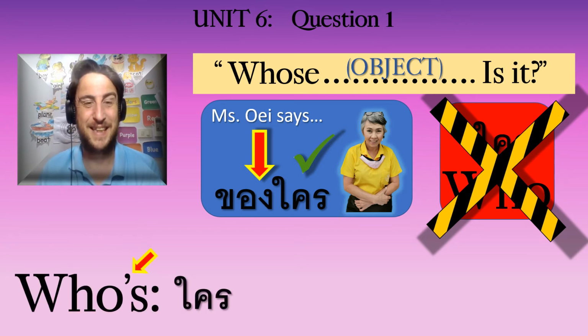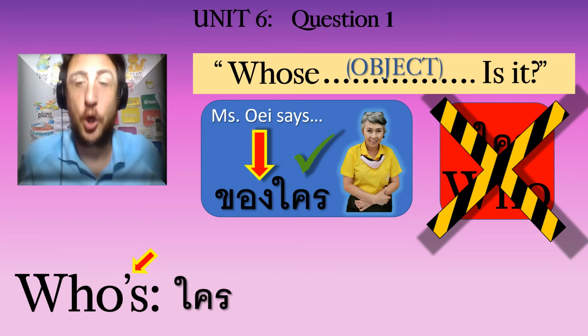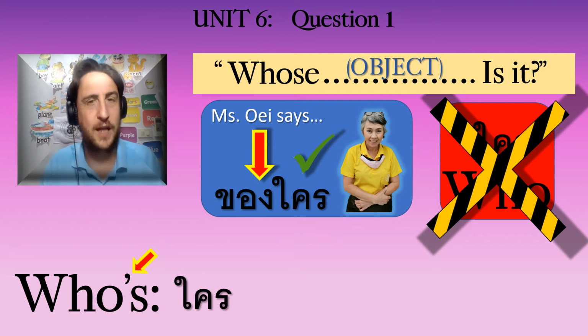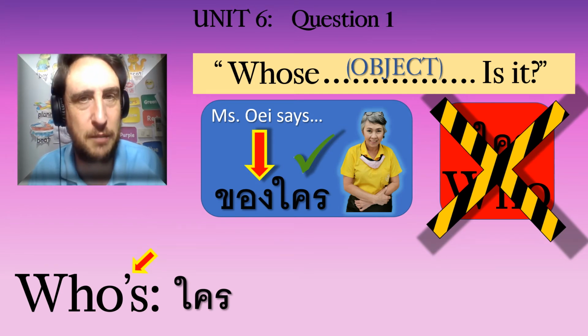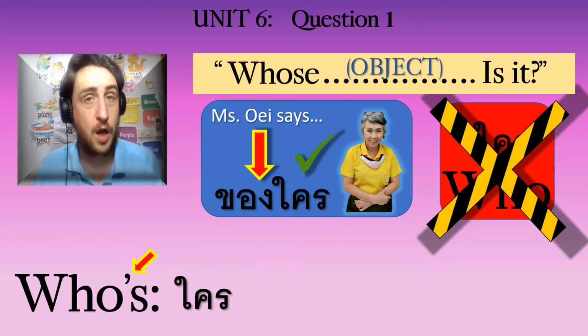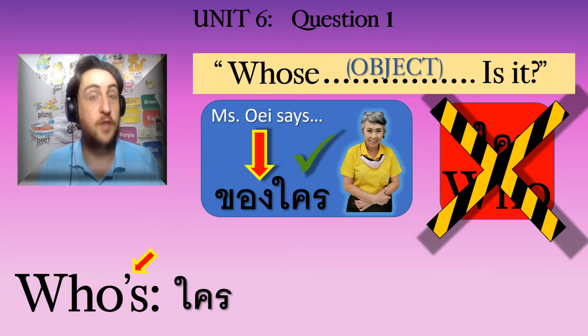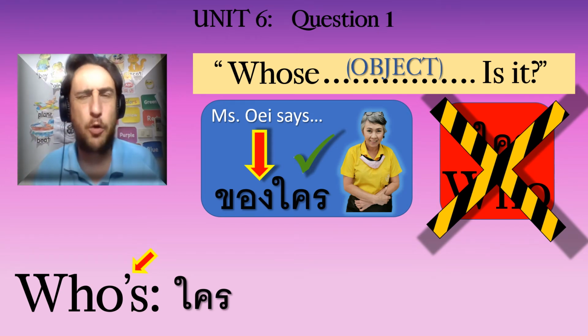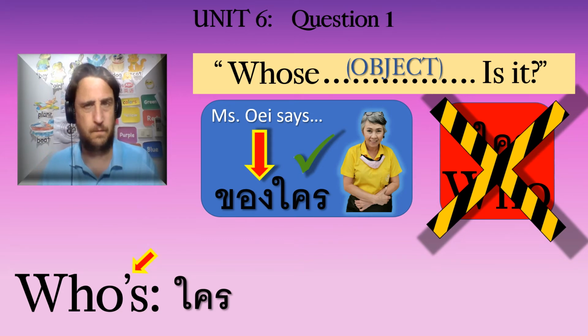Okay, so here we have whose teacher, whose, and who's. Look at the spelling, it's not the same, right? W-H-O-S-E, whose. Look down here: W-H-O apostrophe S. What do we know about apostrophe S? Yeah, it means is. So actually this is two words: who is.